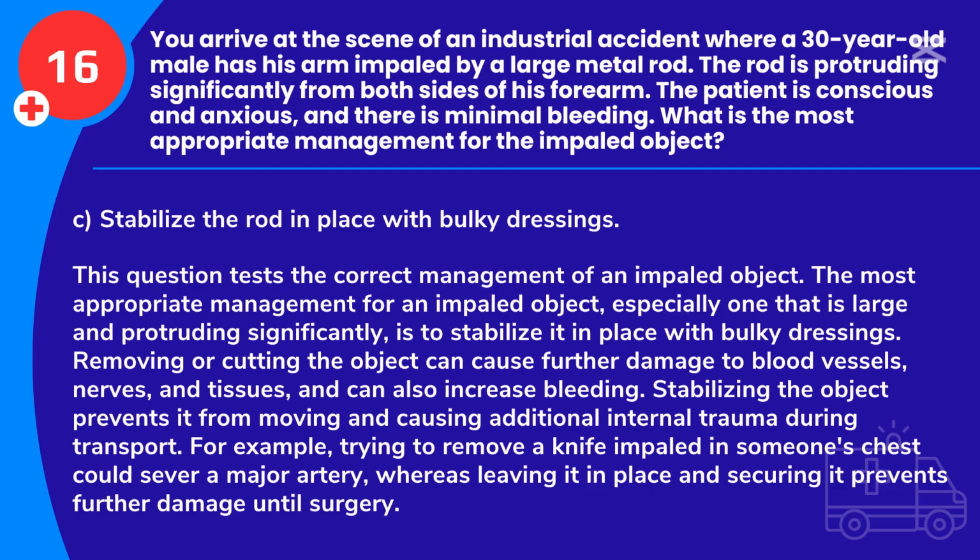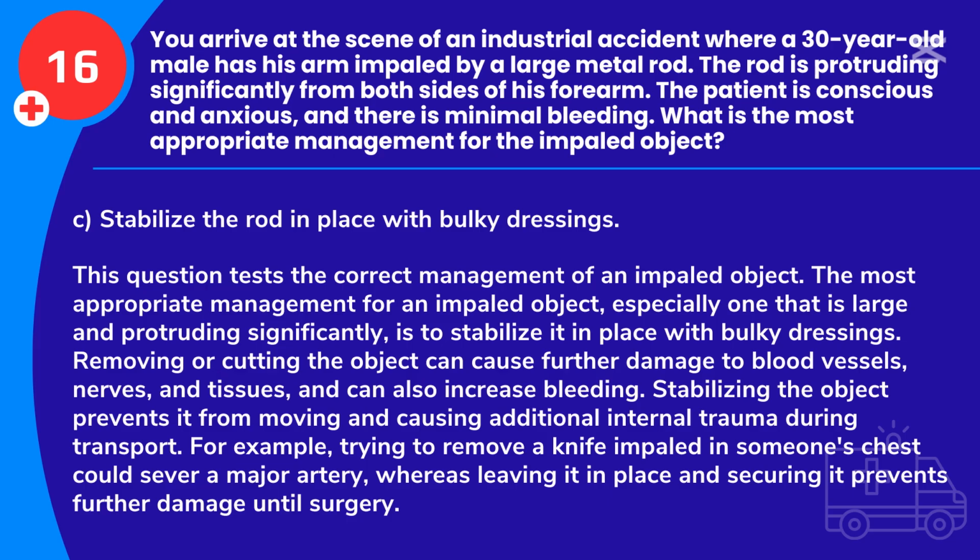Answer: C. Stabilize the rod in place with bulky dressings. This question tests the correct management of an impaled object. The most appropriate management for an impaled object, especially one that is large and protruding significantly, is to stabilize it in place with bulky dressings.